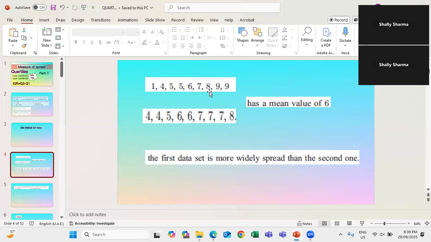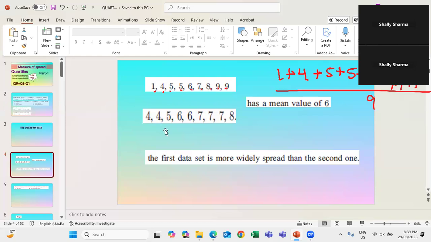You just need to add up all of these values: 1 plus 4, plus 5, plus 5, plus 6, plus 7, plus 8, plus 9, and plus 9, and then divide by the total number of values, which are 9. This way you can find the mean of this data.